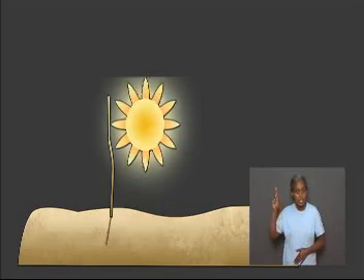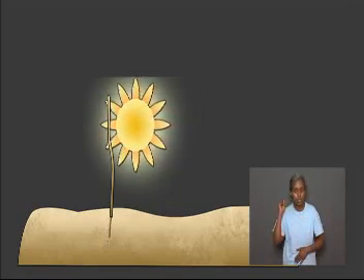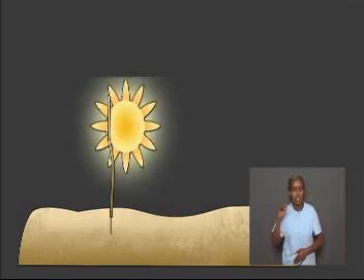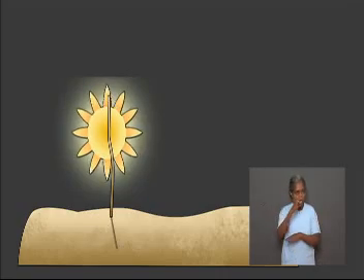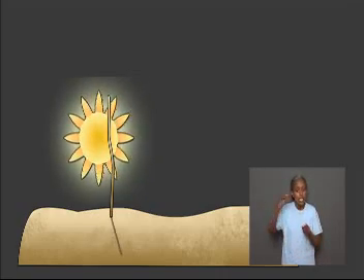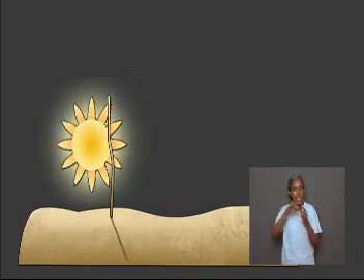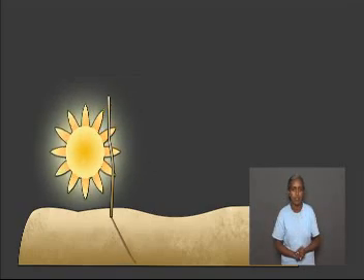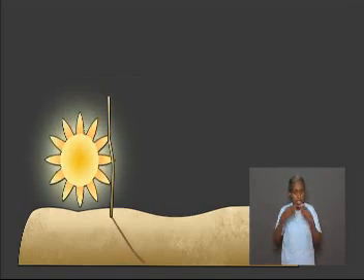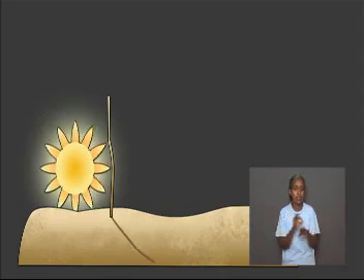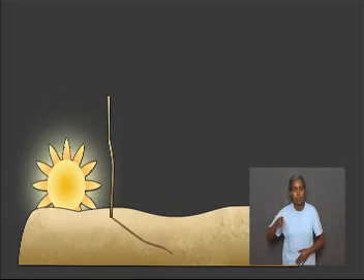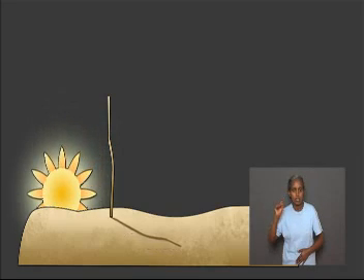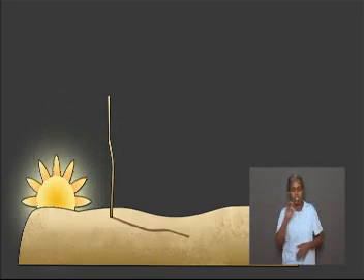This shadow was long in the morning, and it decreased to a minimum at noon, and then increased again until sundown. The rule that gives time of day as a function of shadow length is a precursor of the tangent and cotangent functions you will study in this unit.